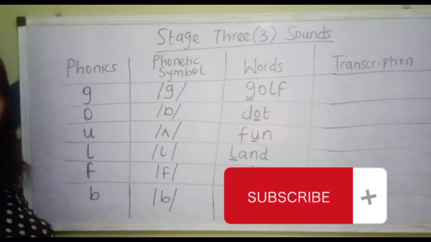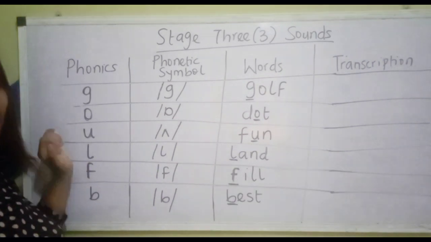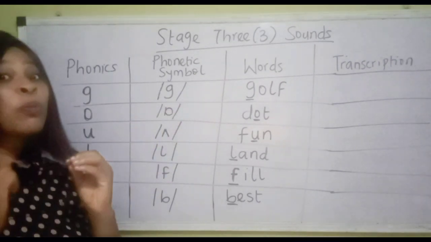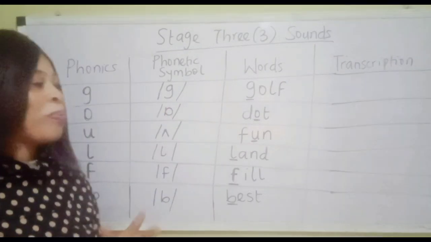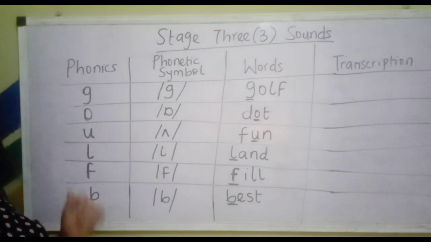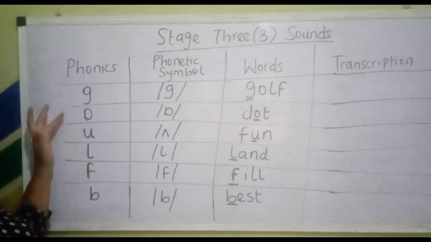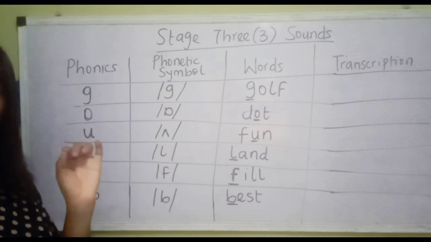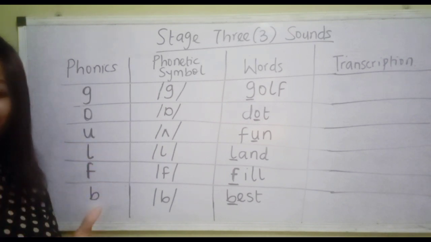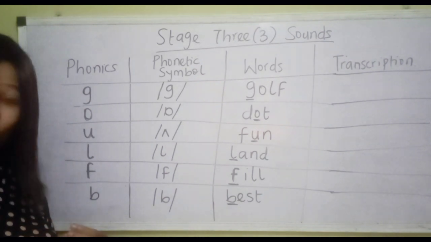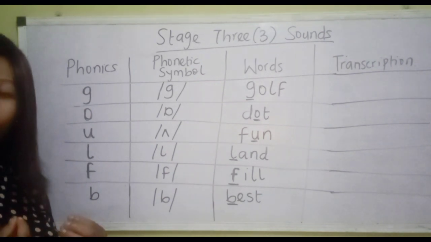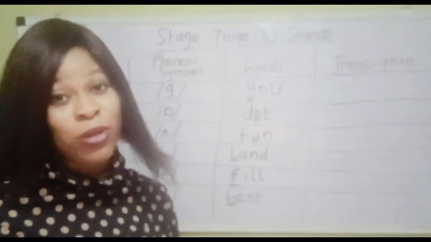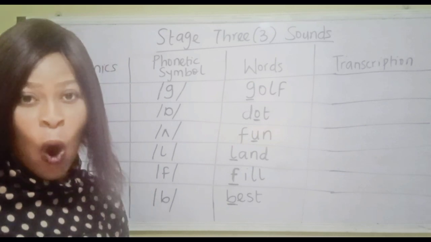Now we have the first letter, which is letter G, and it is sounding as G. The spoken form is G. And then we have the next one, which is letter O. Look at it, letter O. It is sounding as O. The shape of my lips is rounded just as letter O. So can you say O? O. Now the shape of my lips is rounded, so you should say O.